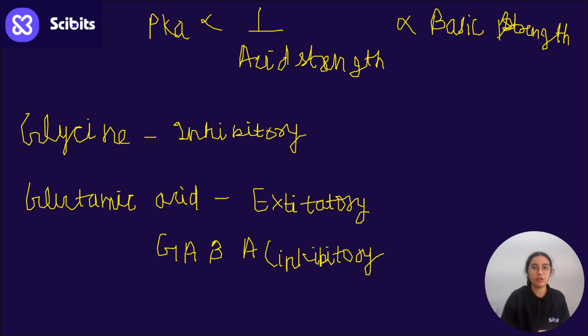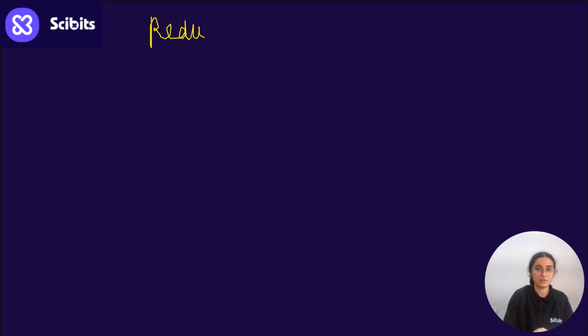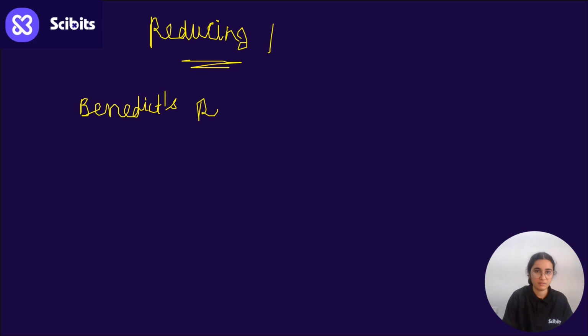So earlier we talked about reducing and non-reducing sugars. So what is it based on? Let's say there is a solution named Benedict's reagent. It basically has copper ions in it, like a copper complex with sodium citrate.